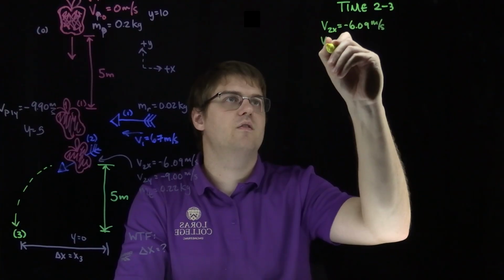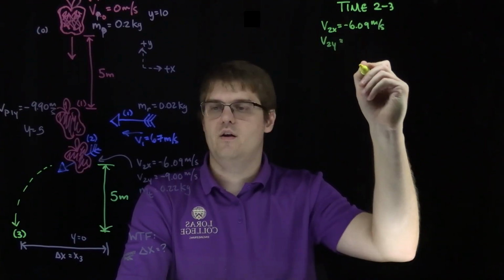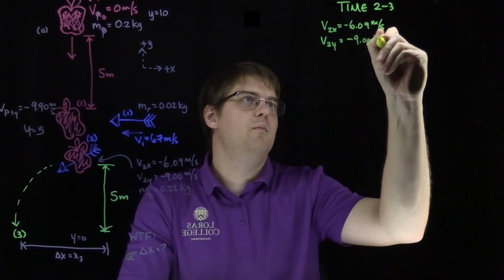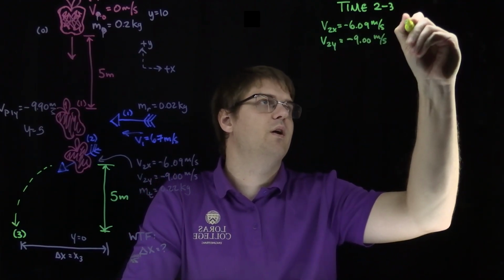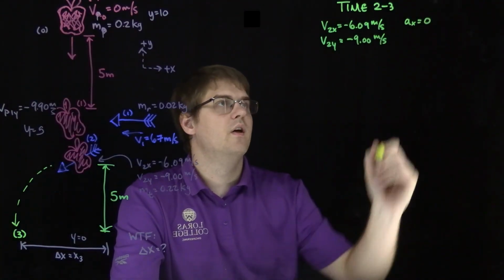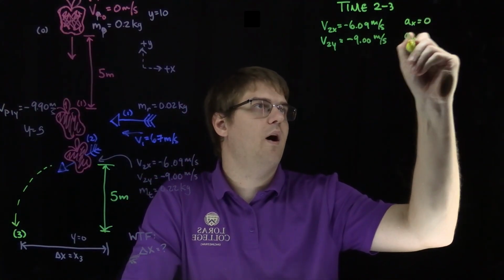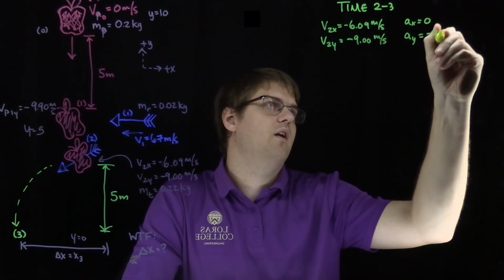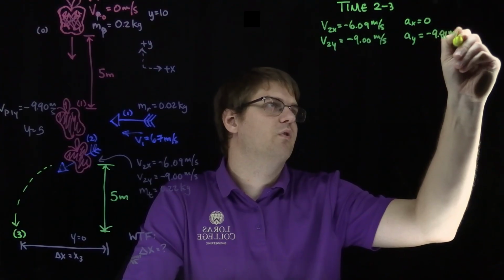I have my velocity of 2 in the y of negative 9.00 meters per second. I have my acceleration in the x is 0 because we don't have any forces. And my acceleration in the y, I just have gravity, so it's going to be negative 9.81 meters per second squared.